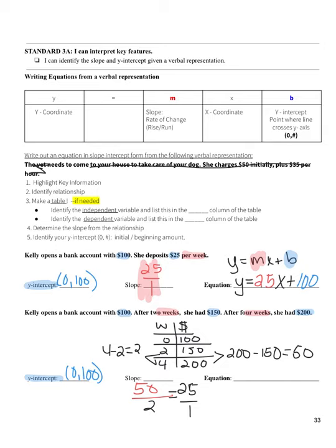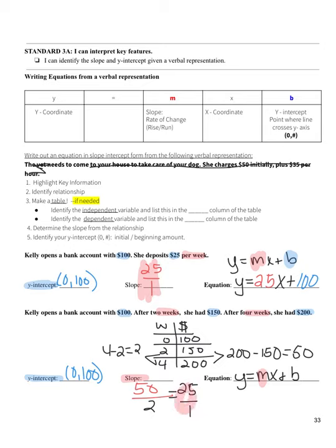My last thing is to put this into an equation. So we have Y is equal to mx plus b. That's our equation. Well, our m is our slope. The m is our slope. And our slope we determine is 25 over 1.